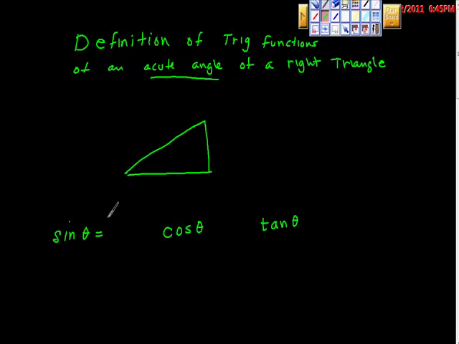So what I'm going to tell you is that sine of theta is the ratio of side opposite to the hypotenuse. And this is adjacent over hypotenuse. And lastly, it's opposite over adjacent.